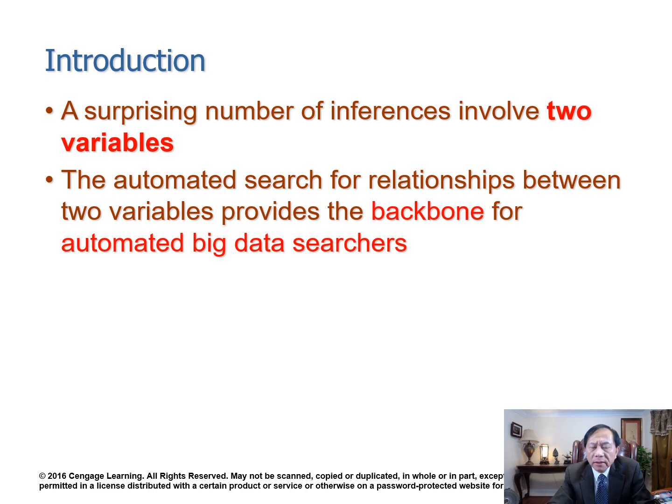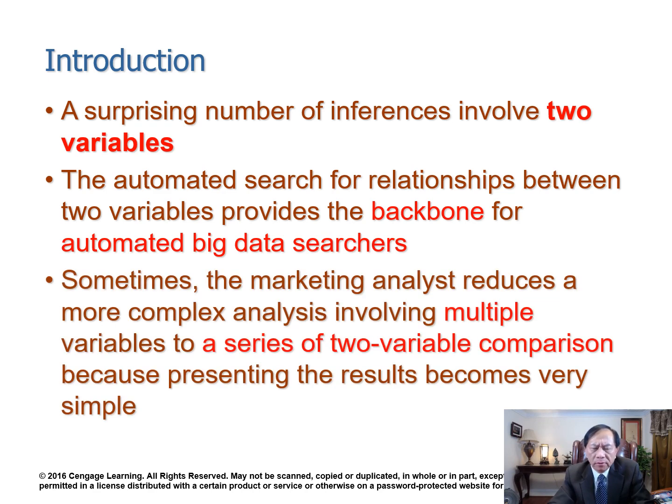A surprising number of inferences involve two variables. You can study two variables to find a lot of relationships. The automated search for relationships between two variables provides the backbone for automated big data searches.